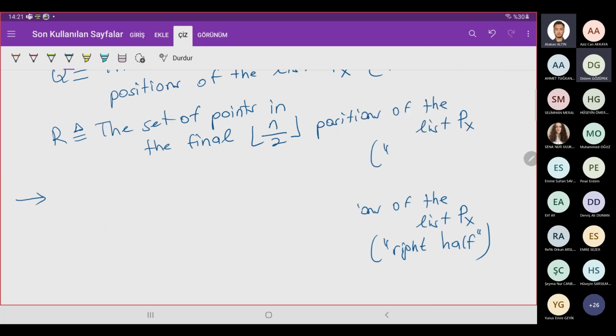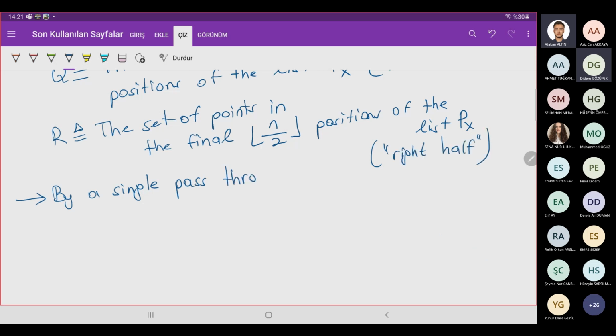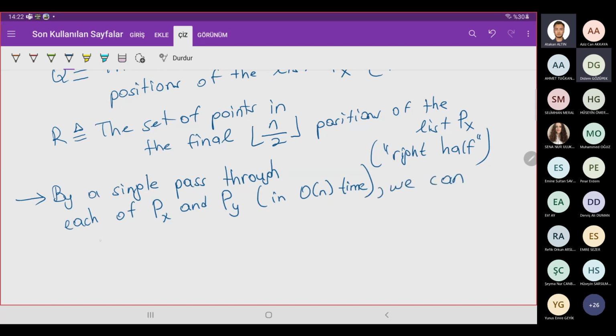By a single pass through each of Px and Py in O(n) time, we can create the following four lists.